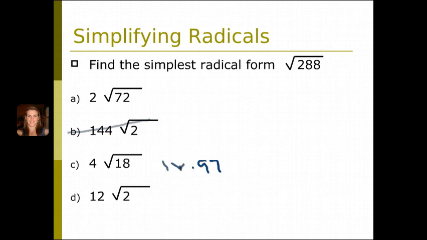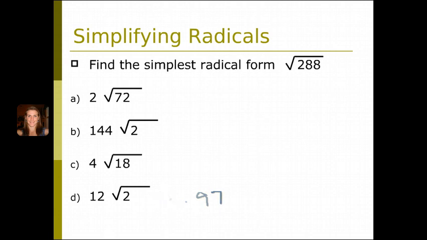So now we've got 2 answer choices with the same numeric value as our original problem. What about D? 12 times the square root of 2 also gives you 16.97. So how is it possible for a test to give us 3 answer choices that all have the same numeric value as our original problem?